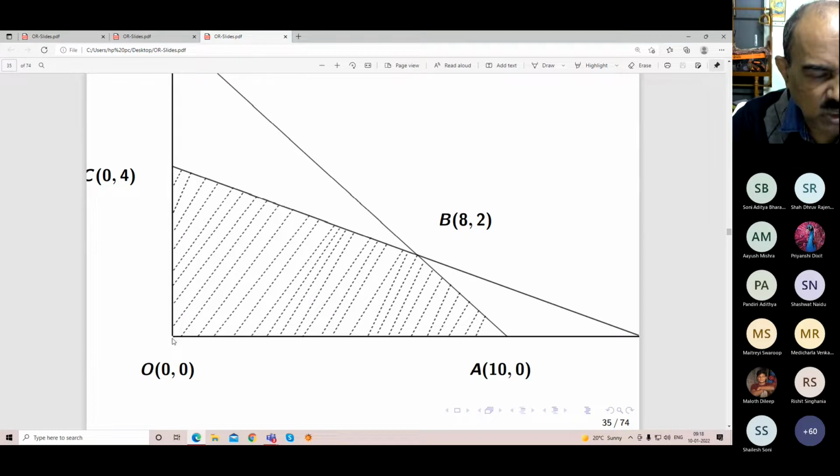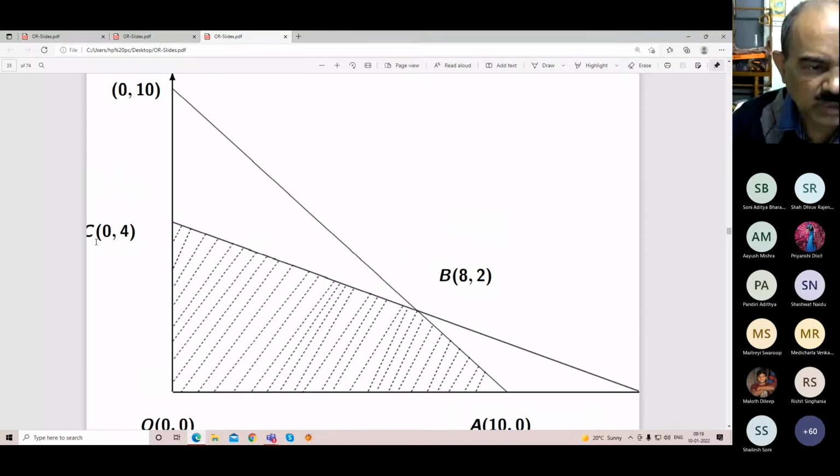That is the origin, 0, 0. Another point is A, the coordinate is 10 and 0. Another point is C, the coordinate is 0 and 4. Another point, B, is 8 and 2.